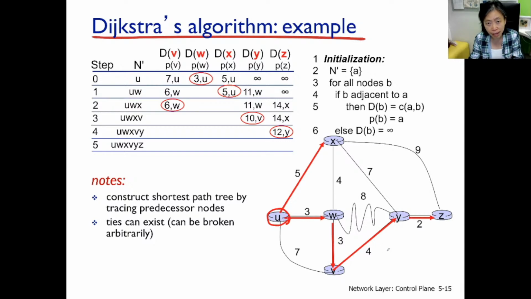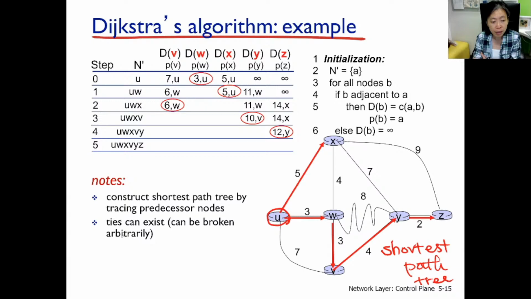This also indicates the shortest path to all the destinations. And such a tree is called the shortest path tree. The Dijkstra algorithm is also used to generate such a shortest path tree.